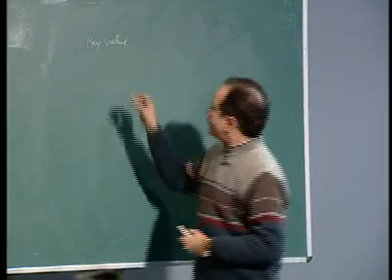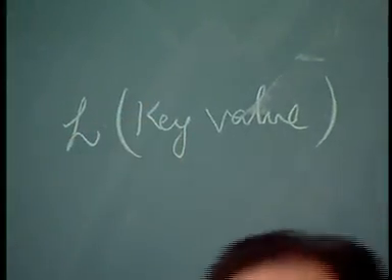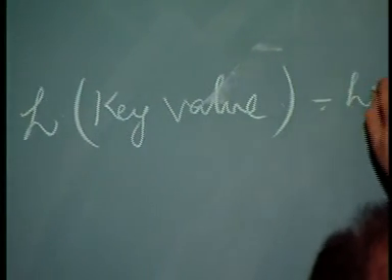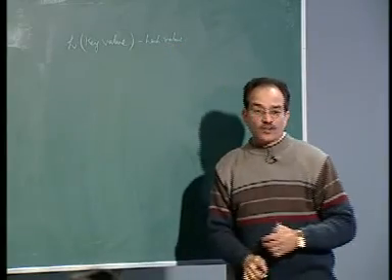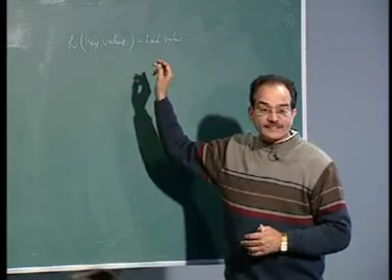Now, I apply some hash function to this and I get a hash value. Now, I try to organize my record based on this particular hash value there.